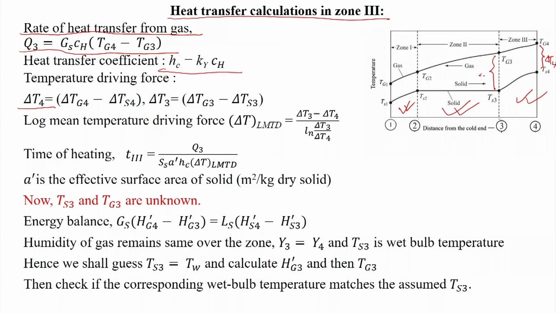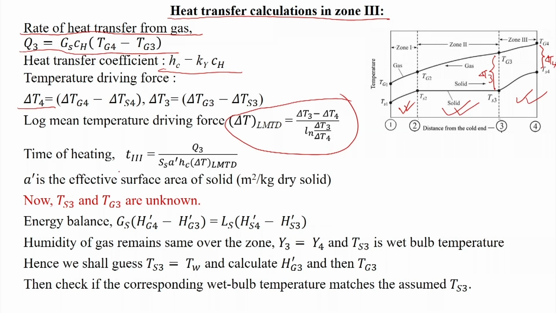and this is delta T3. Now, as the temperature driving force is not uniform or not the same, we need to get the log mean temperature driving force, that is simply delta T3 minus delta T4 by ln delta T3 by delta T4.